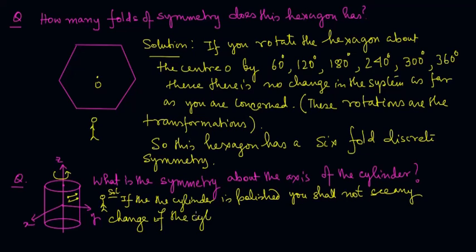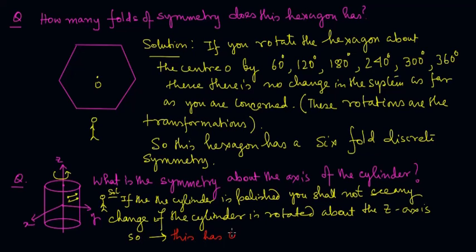If the cylinder is rotated about the z-axis, this has continuous symmetry.